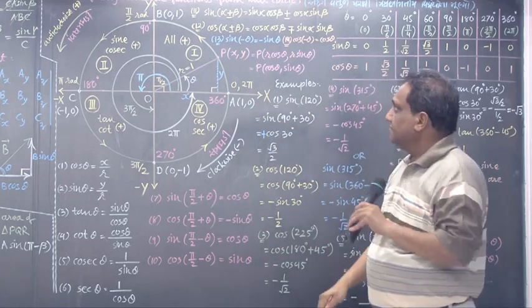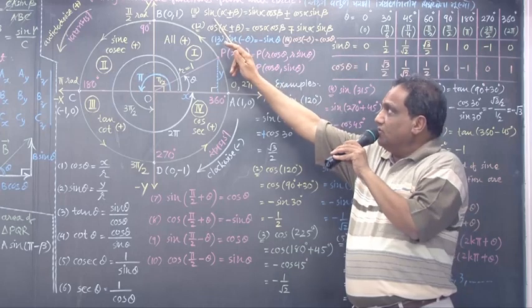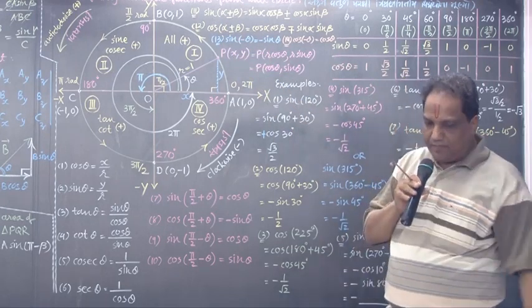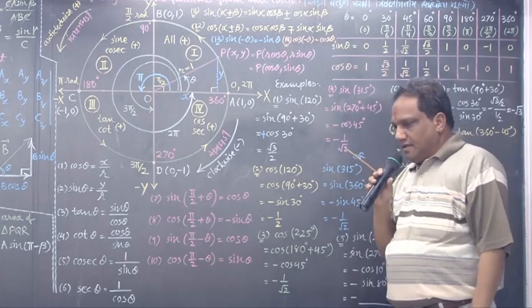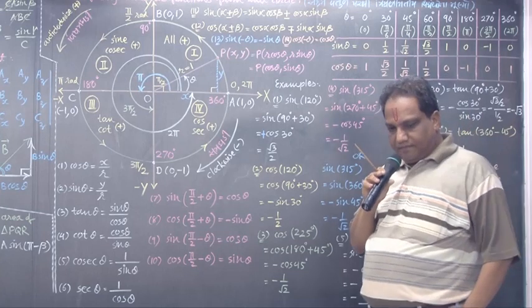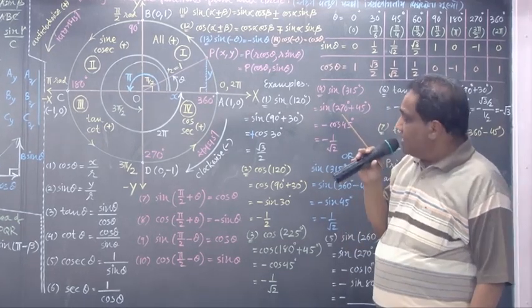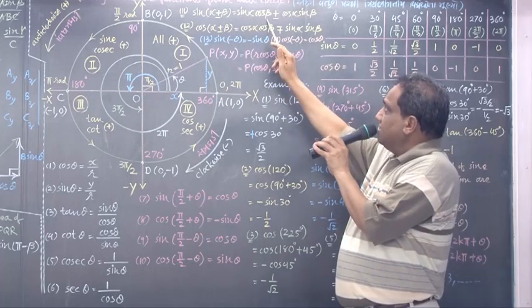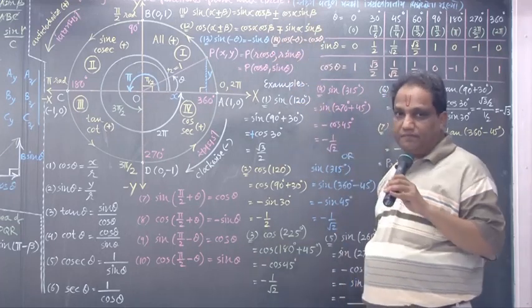Do that. Write down, everybody, on the last page. Sine of alpha plus beta. On the right hand side, sine alpha cos beta plus cos alpha sin beta.